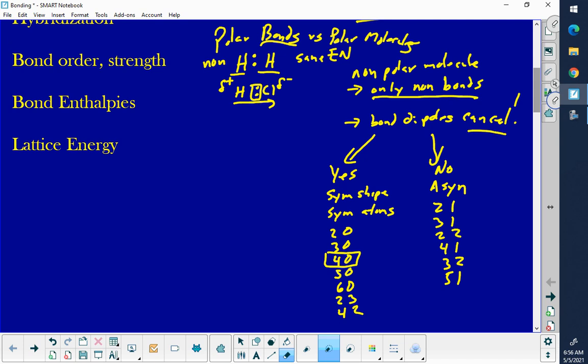They will not cancel. And why don't they cancel? Because the shape does not allow for these vectors to cancel each other. So when I say yes, I'm saying yes cancel, no cancel, right? So these will be polar, these will be non-polar molecules if they have the same atoms around them.